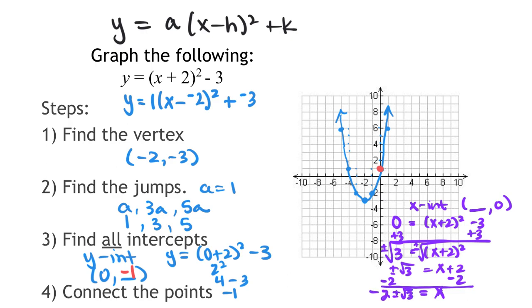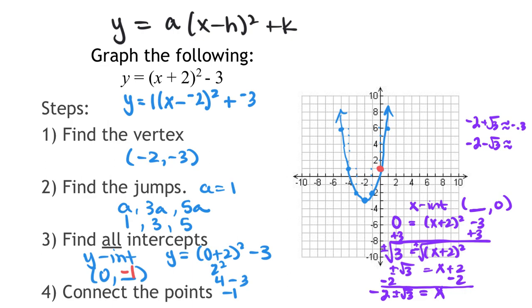What does that look like on the graph? We're going to have to get a decimal approximation because we don't have a feel for what it looks like to be minus 2 plus or minus root 3. I'm going to pull those two roots apart, and we're going to do a decimal approximation. If you type into your calculator negative 2 plus the square root of 3, you are going to get negative 0.3.